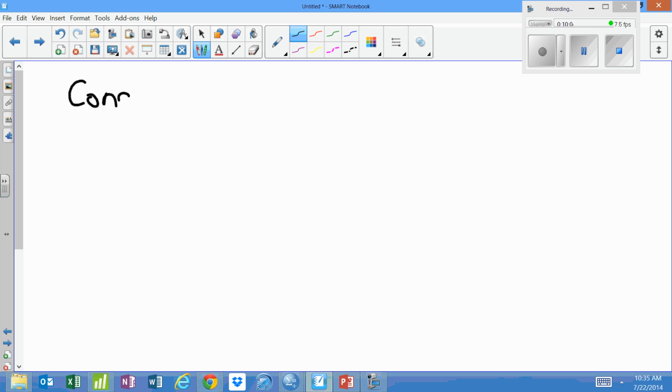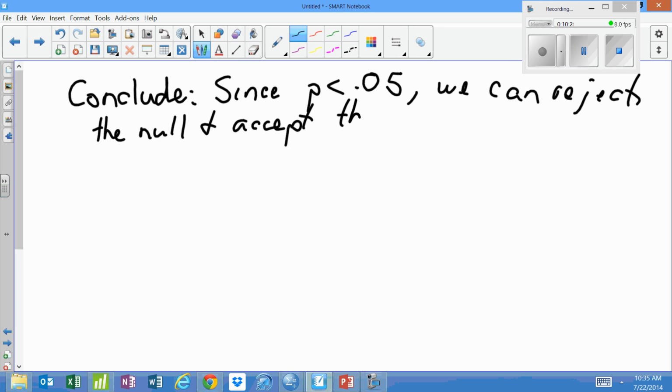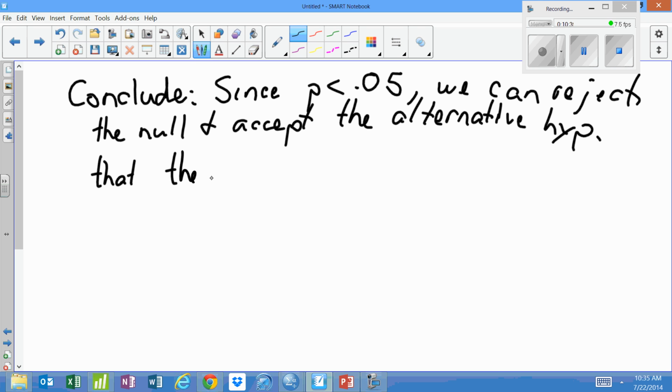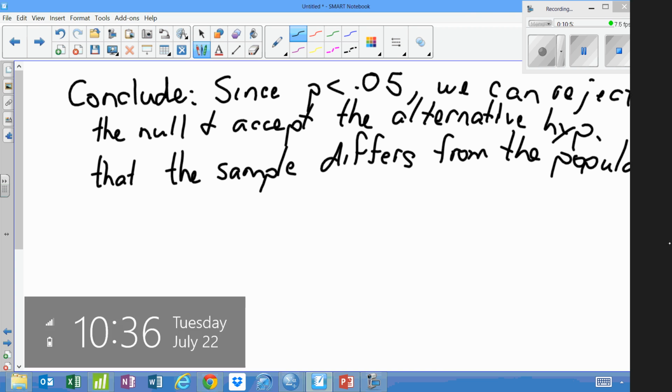Our conclude step, which is our final step, we will, since p is less than 0.05, so our p-value is significant, we can reject our null and accept the alternative hypothesis that the sample differs from the population. Okay, that would be the end of our problem.